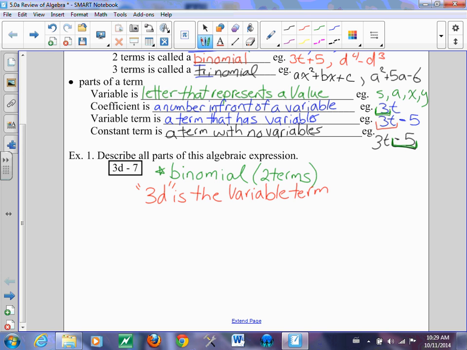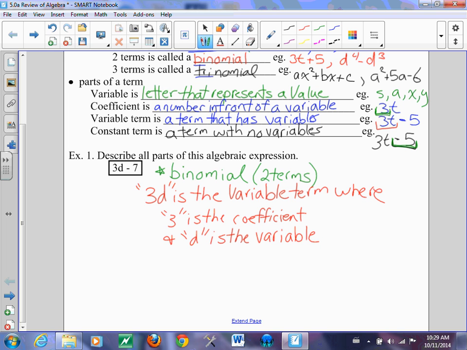Okay, and let's split that variable term down, where the 3 is the coefficient. That's the number in front of the variable. And d is the variable.